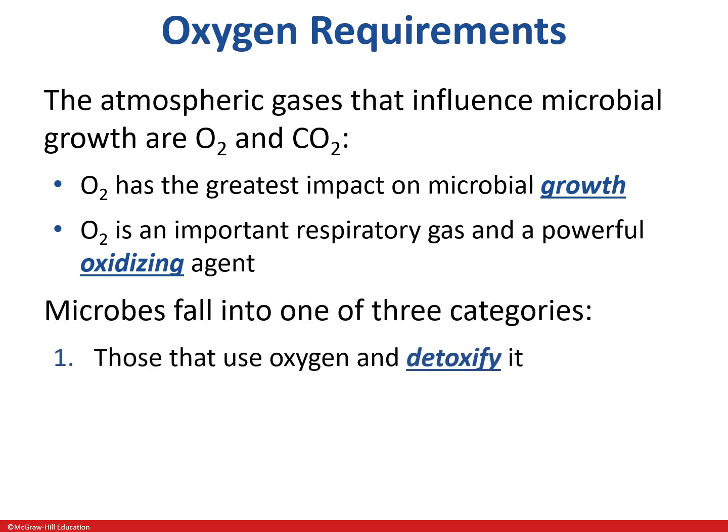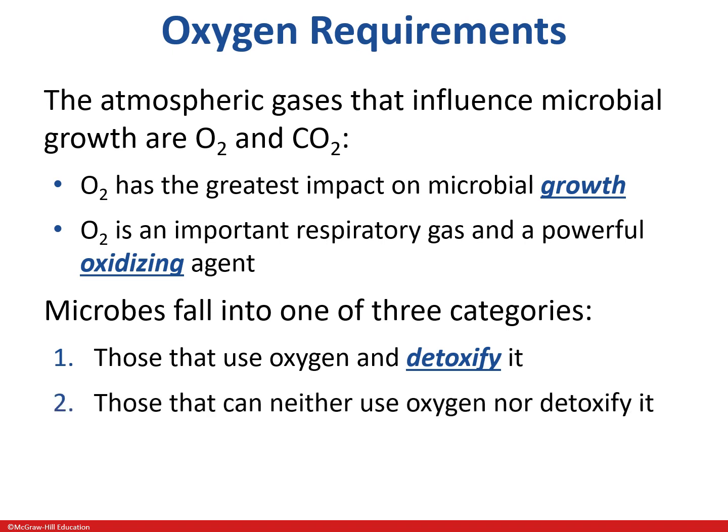And so when we talk about organisms that can or can't survive in the presence of oxygen, you're going to have three groups. You're going to have those that can use it and detoxify it, and these are typically going to be the ones that rely on oxygen heavily, and so they've evolved to have ways to detoxify the oxygen that they produce themselves that might be toxic.